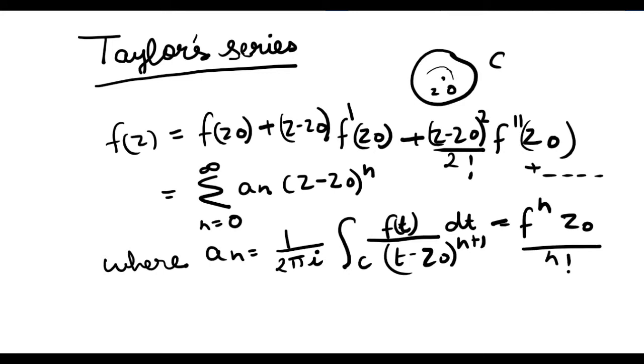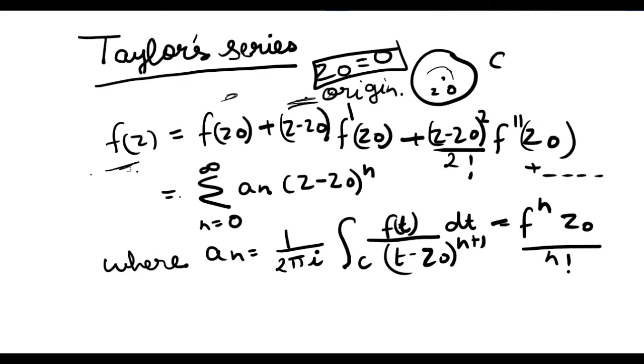So this is our required Taylor series. So we have expressed f(z) as a power series in positive powers of z minus z naught, or about a point z naught. So let us assume z naught is equal to 0, which means we are talking about the origin.